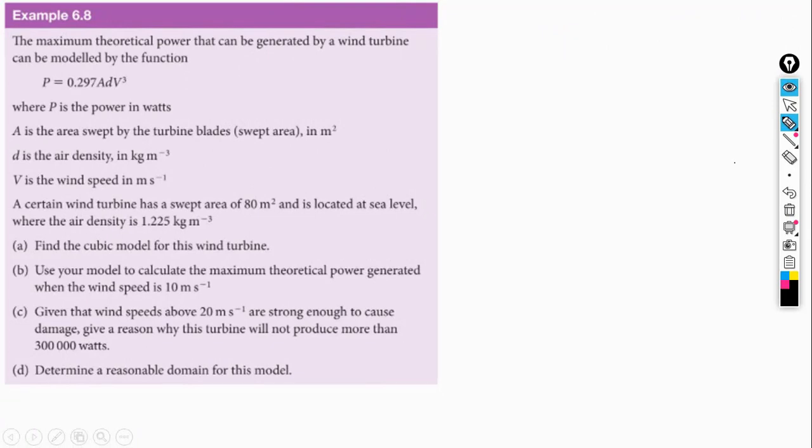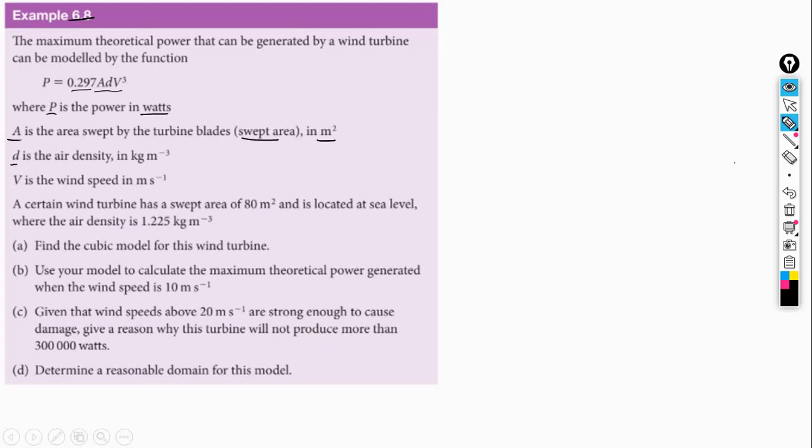So we start with example 6.8, and it says, the maximum theoretical power that can be generated by a wind turbine can be modeled by the function P equals 0.297 AdV cubed, where P is power in watts, A is the area swept by the turbine blades, swept area, in meters squared.